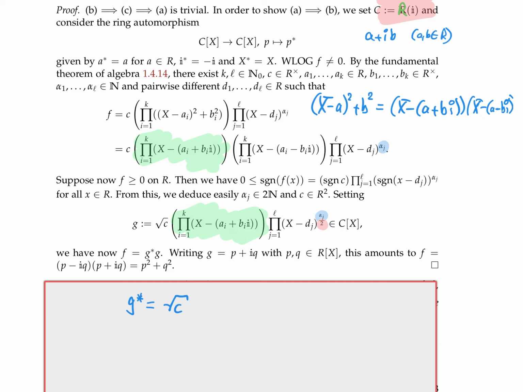Well, here, what does the star do? It changes the i into a minus i. So it changes the green thing into the yellow thing here, right? So I get here this yellow expression.